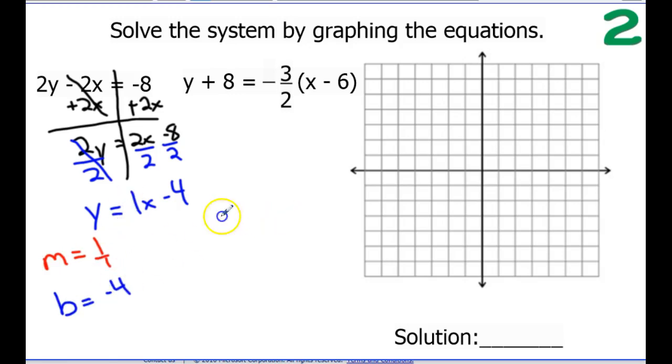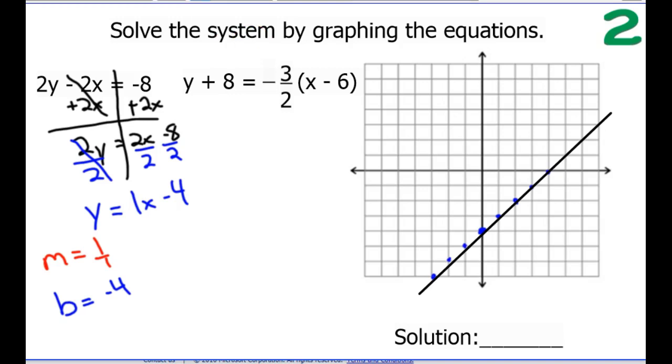So to graph this, we begin at negative 4, 1, 2, 3, 4. And we're going to go up 1 over 1, or down 1 to the left 1. So we need to graph this line. We have a line that looks like that.